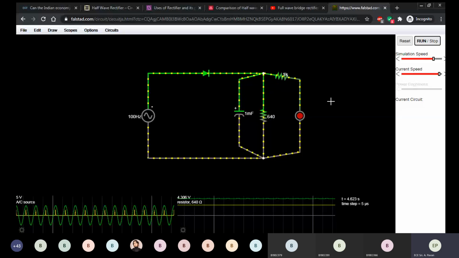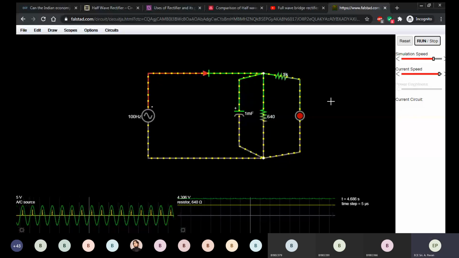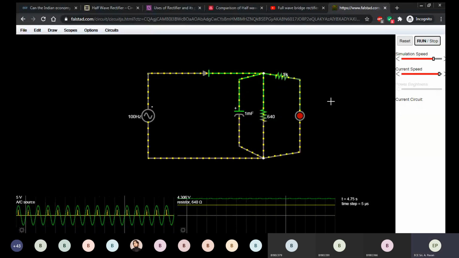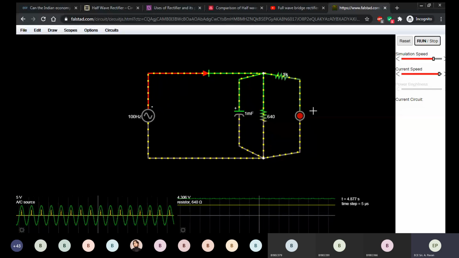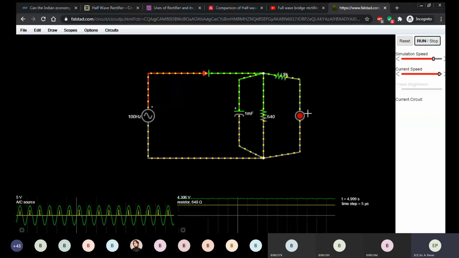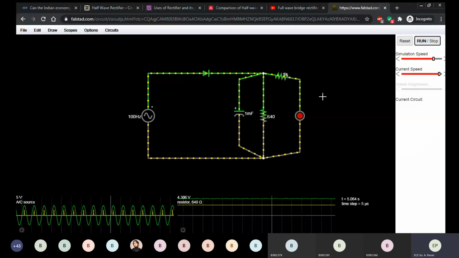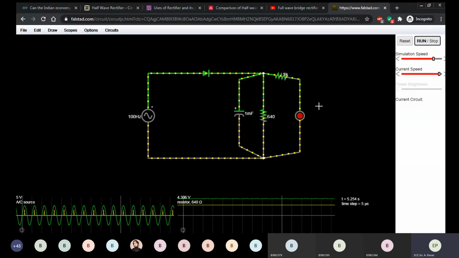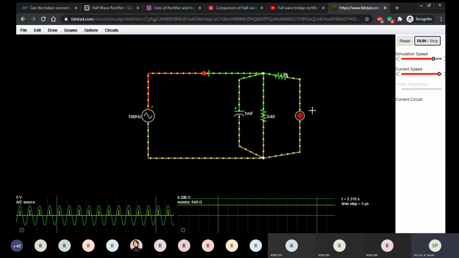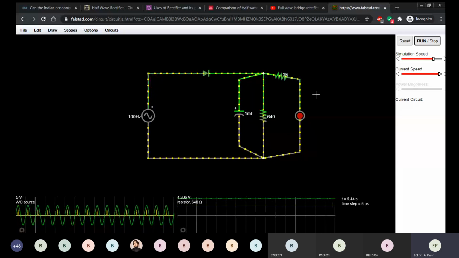Are you getting the point? Earlier the diode is on and off. Now this LED is remaining in the on state always. With the introduction of the capacitor, output is pure DC, and the output LED remains on forever.